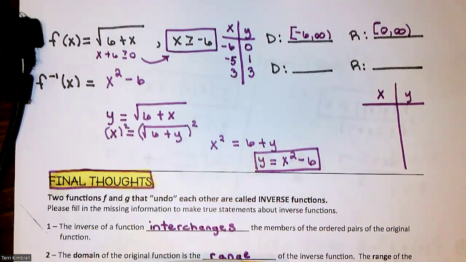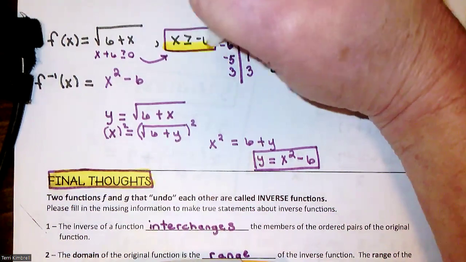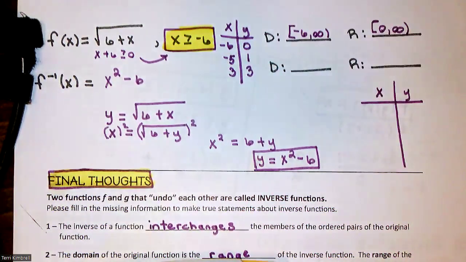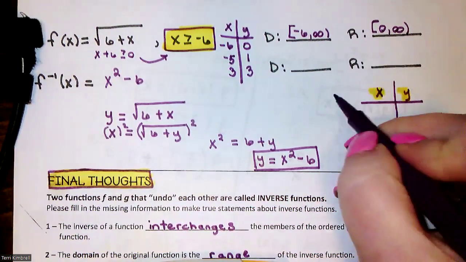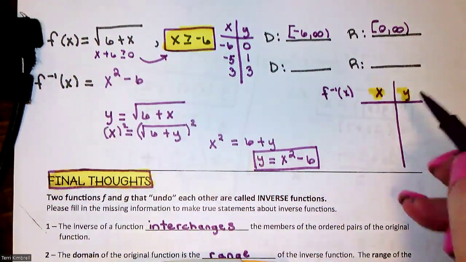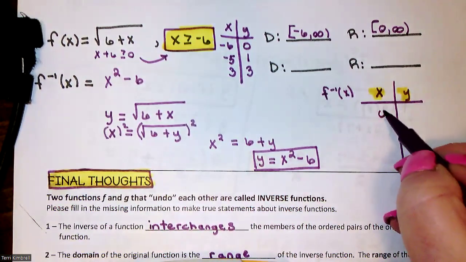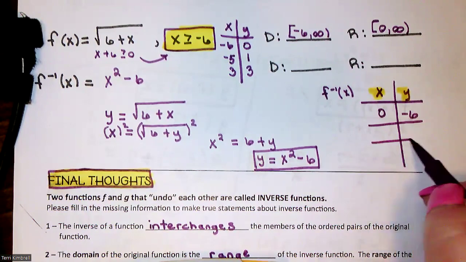So when you flip one of these and it tells you some of the restrictions right here, it's going to be easier to get that table and then go over here for your inverse and flip those. So for my inverse table, I'm going to interchange those points. So I have 0, -6.